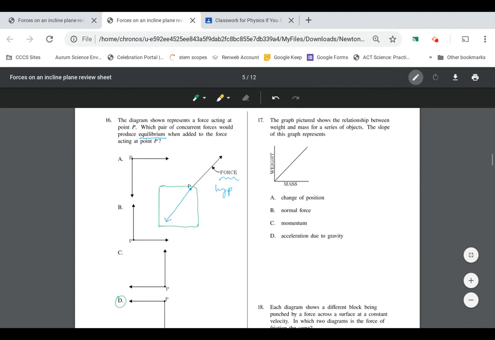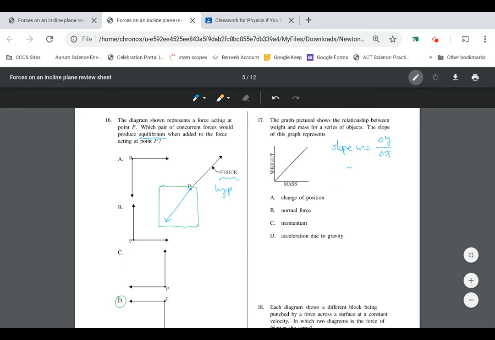Number 17, the graph pictured shows the relationship between the weight and mass of a series of objects. The slope of the graph represents... so we have to figure out how we find the slope, right? If you remember your math, the slope, which is m, equals delta y over delta x.